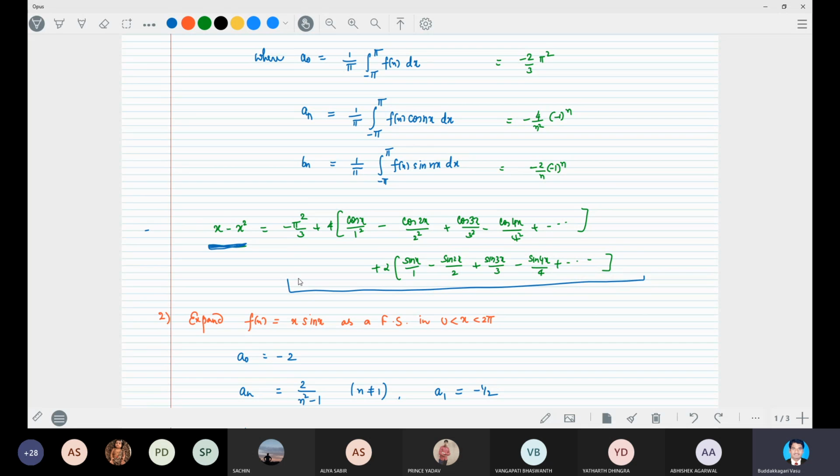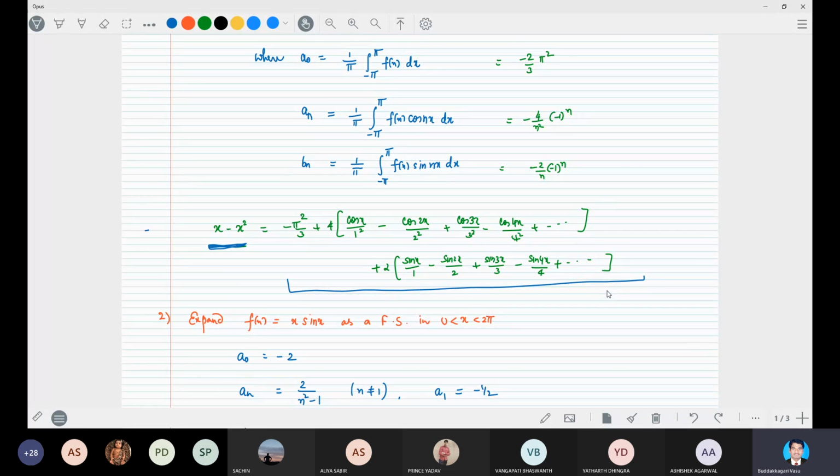Can you say how its behavior will be? It is an infinite series, so for any fixed x, we have to find the sum of the infinite series on the RHS of the resultant expansion.